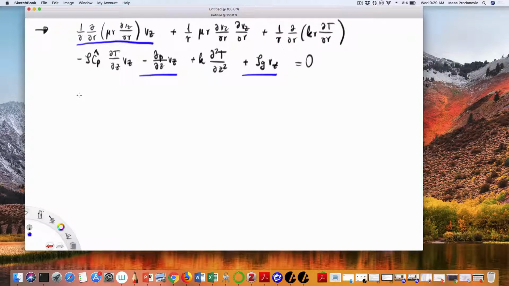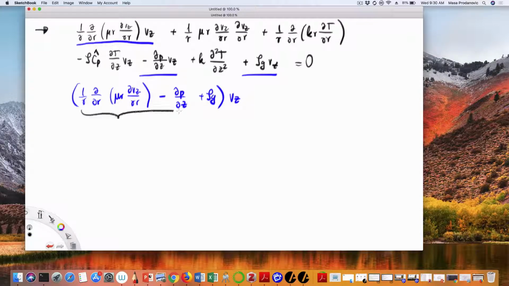That part is essentially the equation of motion for this cylindrical tube.